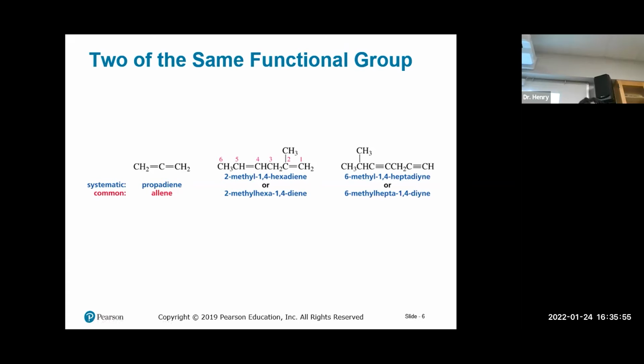Okay, so let's see what we can do. That's a double bond. Not the prettiest.